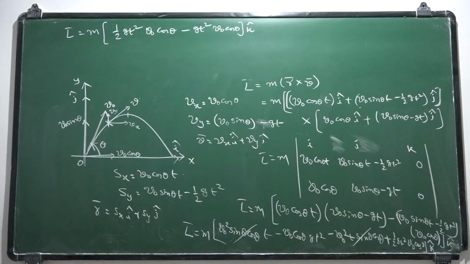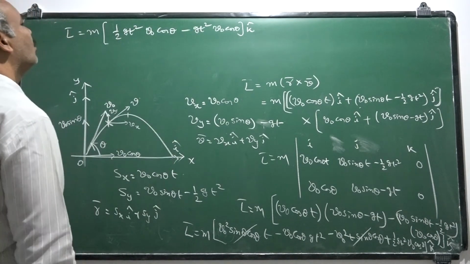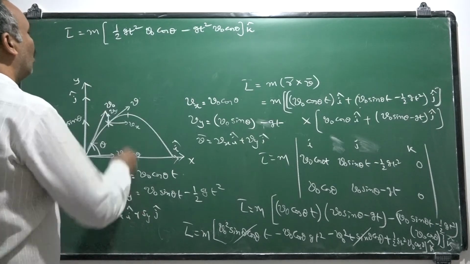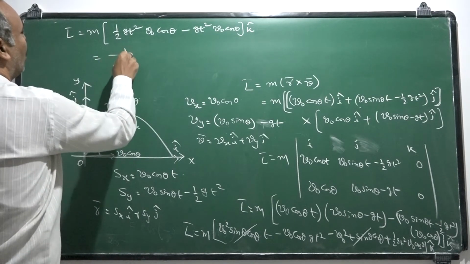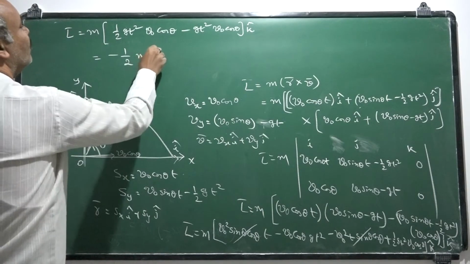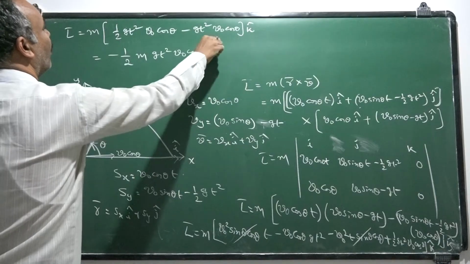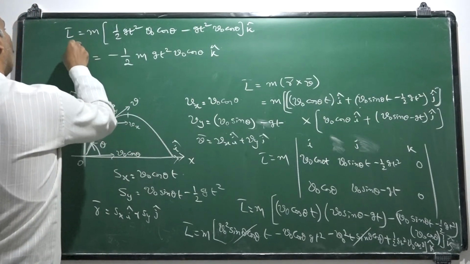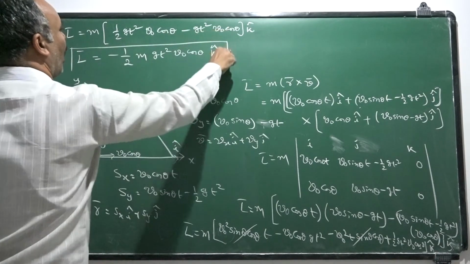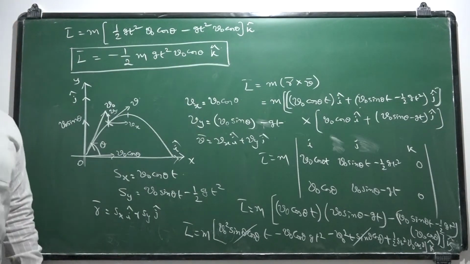So both the terms are identical. So half minus 1 is minus half. So minus half M G T square V naught cos theta K cap will be the angular momentum of the particle at the given time.